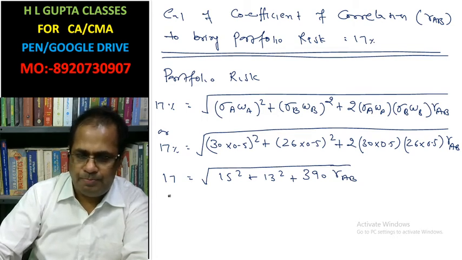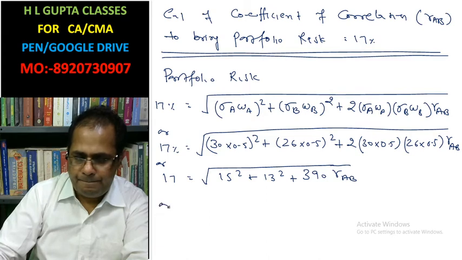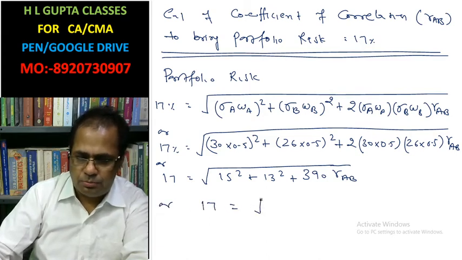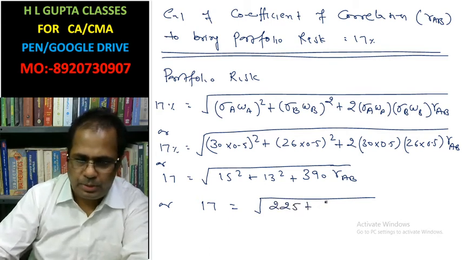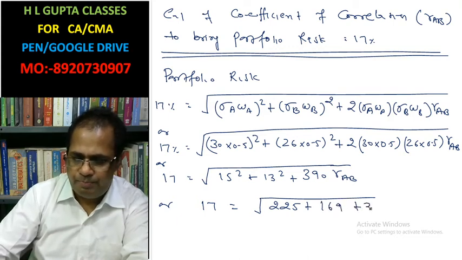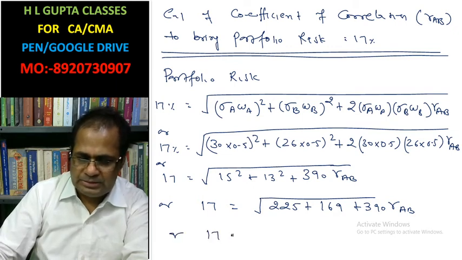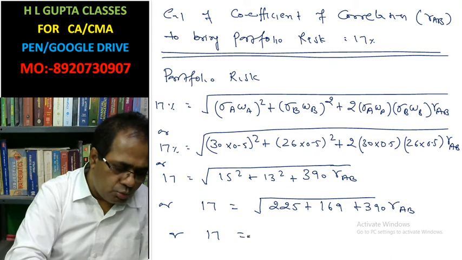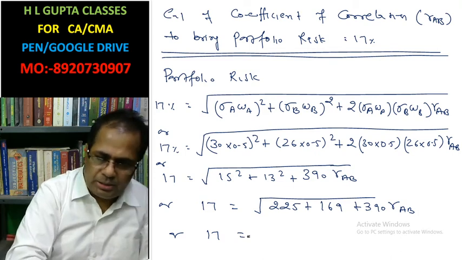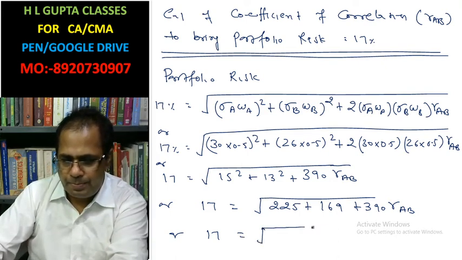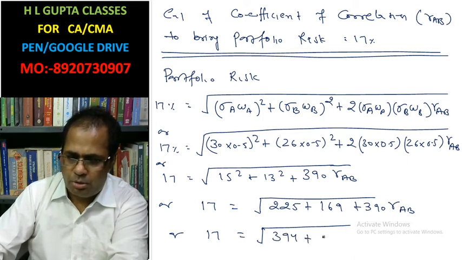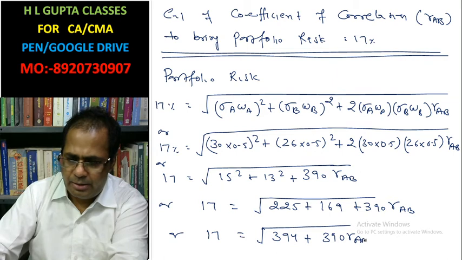Now, 17 equals root under 225 plus 169, plus 390 AB, that is 394 plus 390 AB.